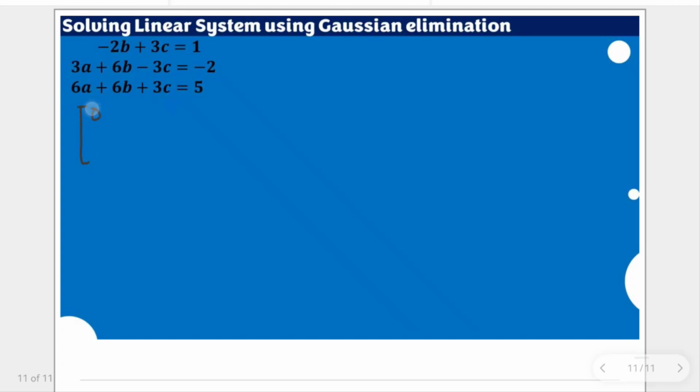So let's have 0, -2, 3, and 1 for the first row because there's no A coefficient. Second row has a 3, 6, -3, -2. Third row has 6, 6, 3, and 5. Notice here that the first entry of our first row is 0 and 3.